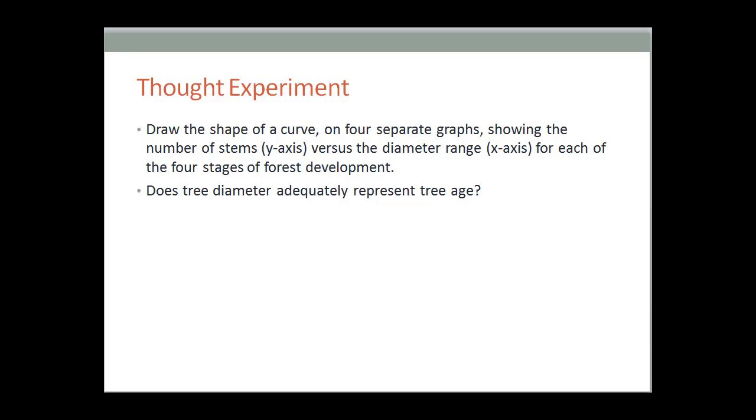So I'd like you, as a thought experiment, this is not anything you're going to turn in, but draw a curve, use 4 different graphs, so an XY axis, and show the number of stems on the y-axis and the diameter range for each of the 4 different developmental stages. I'll do the first one on the screen.